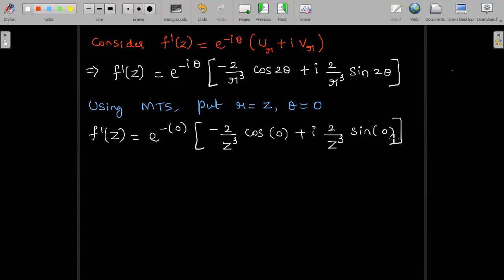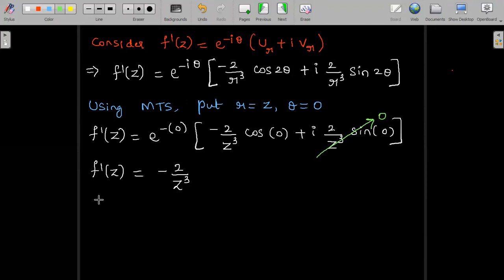Recall the standard values. Sin 0 is 0, cos 0 is 1. So we obtain f dash of z is equal to minus 2 divided by z cube. This is because sin 0 vanishes, so this goes to 0. And cos 0 value is equal to 1, e power 0 value is 1. So I have minus 2 by z cube.